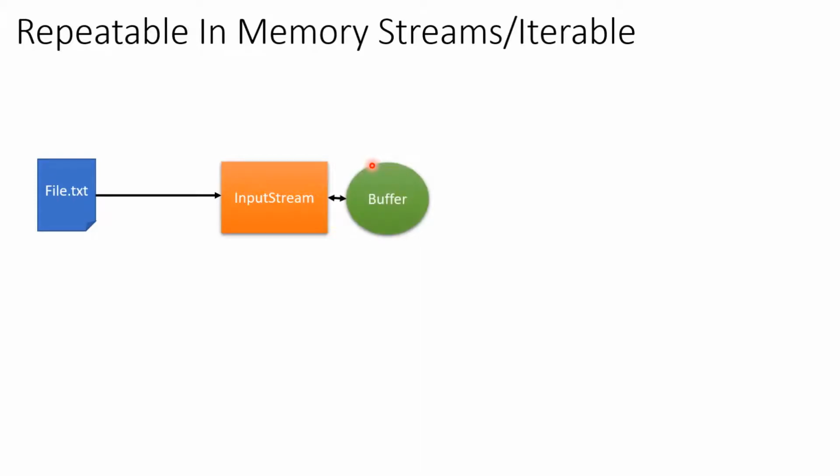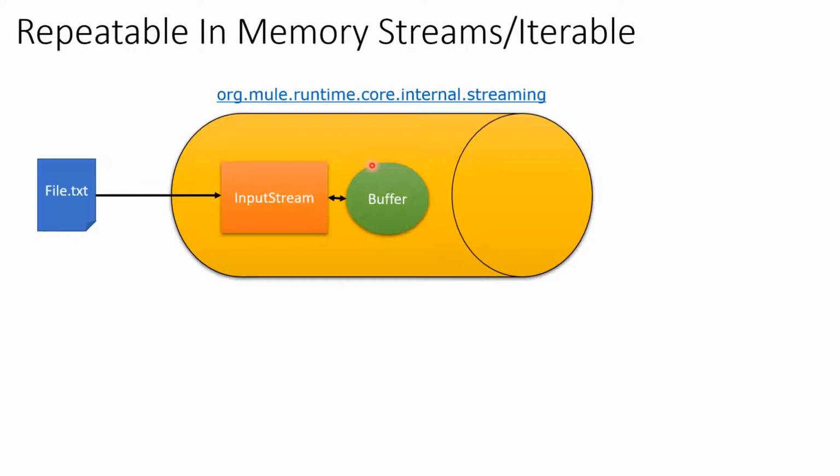Suppose you have a file and we are reading from that file. When we read from a file, we get an input stream object, the Java basics. This input stream object is buffered into some additional memory, or could be a variable or something. So it is buffered into that variable, and this whole thing is wrapped into an abstraction of streaming, which belongs to the org.mule.runtime.core.internal.streaming package.